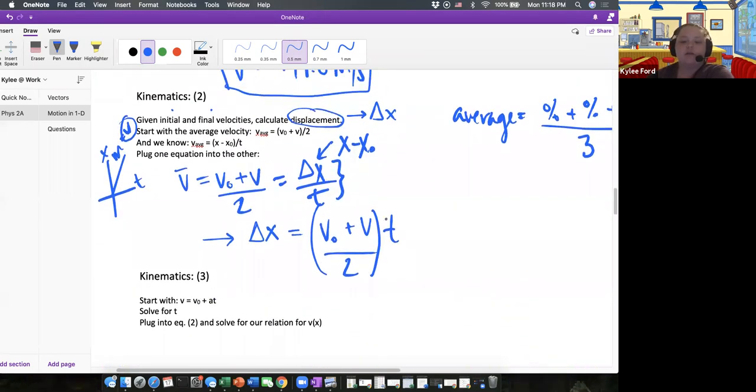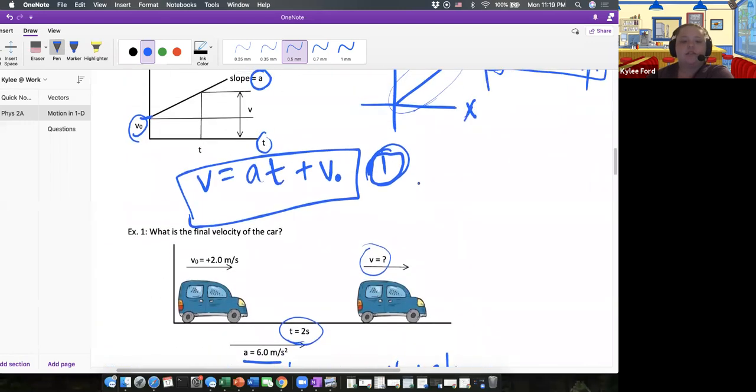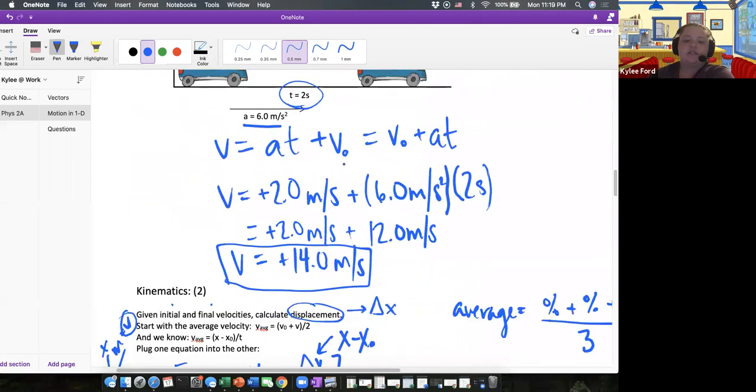Okay, so I am going to say v naught over 2 times t, plus our v, which was up here, that is going to be a times t plus v naught.